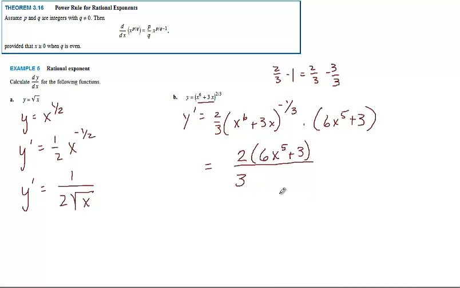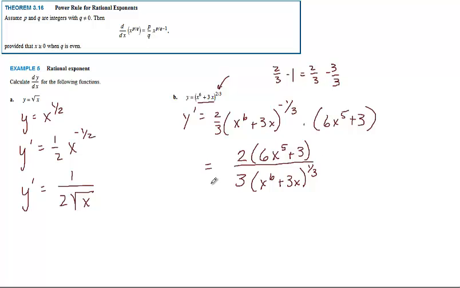I wanted to write cube root, but seeing as they give it to you with a fractional exponent, you really should leave your answer in the same terms that it was given. So x to the 6 plus 3x to the 1/3. However, you never want to leave anything with a negative exponent. You could multiply this 2 out if you want, but this is about as pretty as it gets. It's ugly.